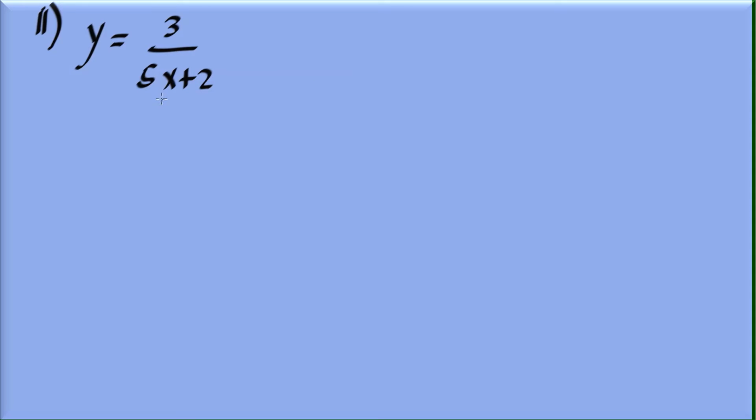So what if you have a binomial 5x plus 2 in the denominator? So this is no longer a reciprocal because we have two terms at the bottom, but we can still bypass the quotient rule. So let me show you a different way to do it without the use of the quotient rule, and then I'm going to show you the use of the quotient rule.